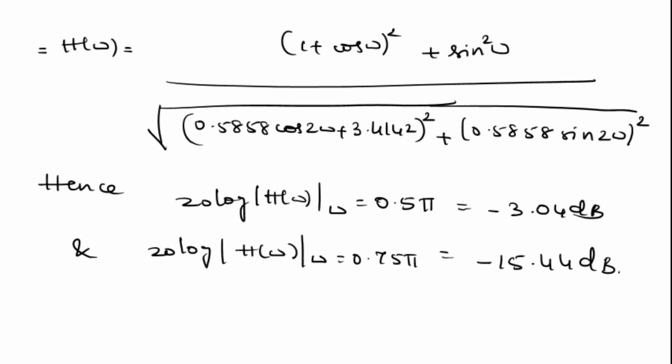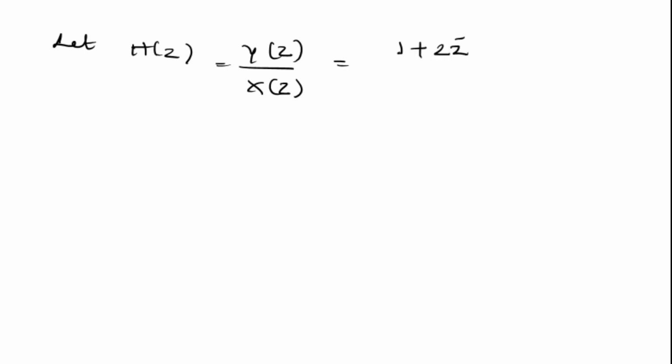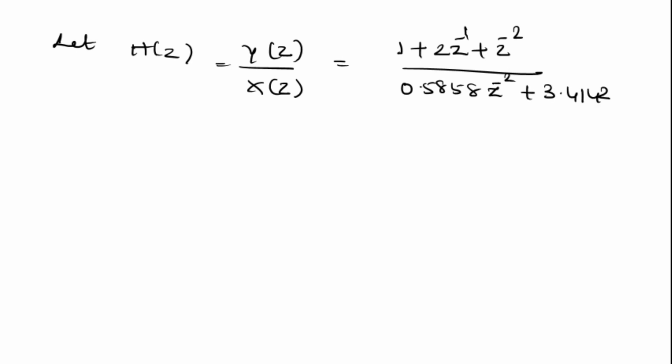Next, we have to realize the difference equation. Difference equation realization. Let H(z) equal Y(z) divided by X(z), which is equal to 1 + 2z⁻¹ + z⁻² divided by 0.5858 z⁻² + 3.4142.